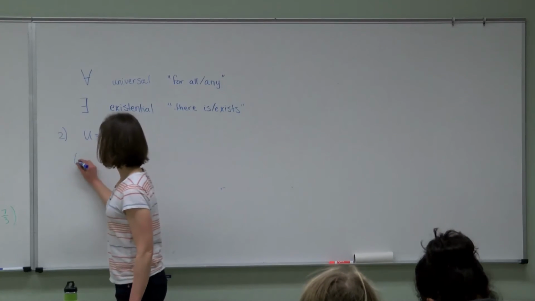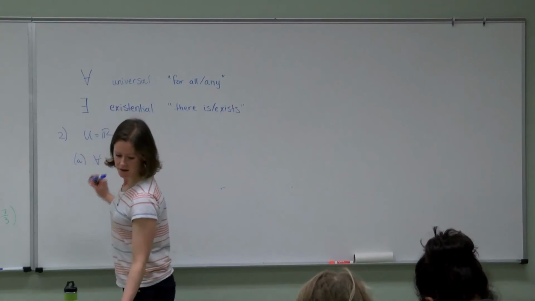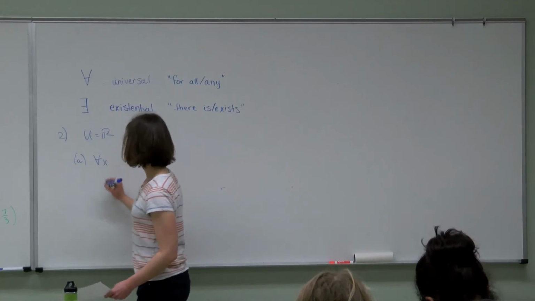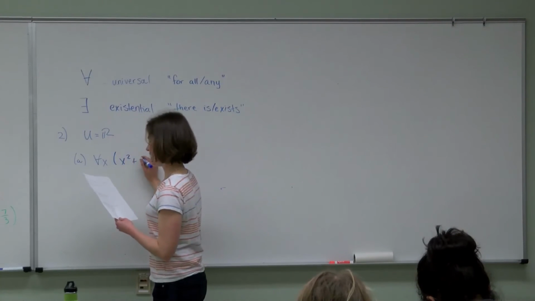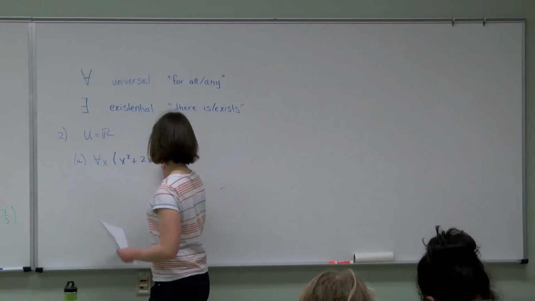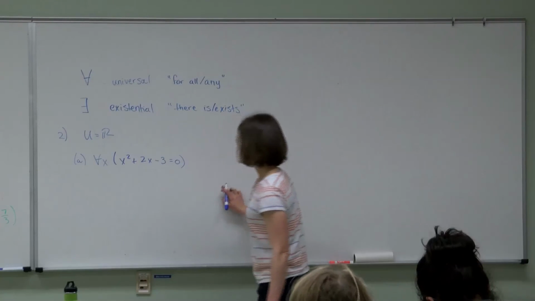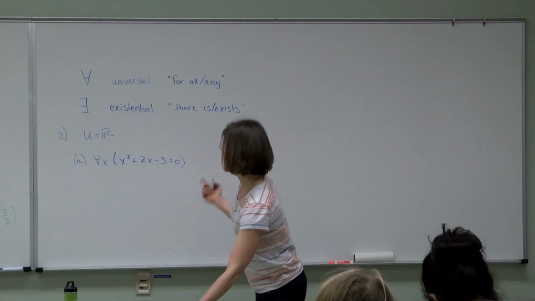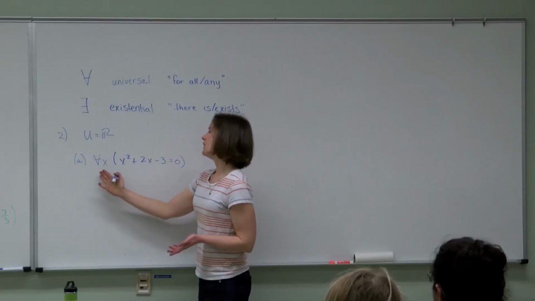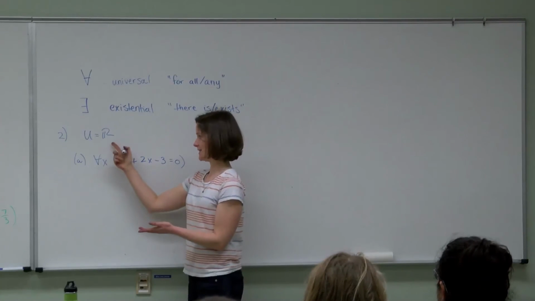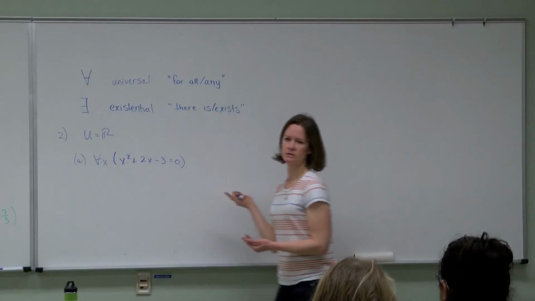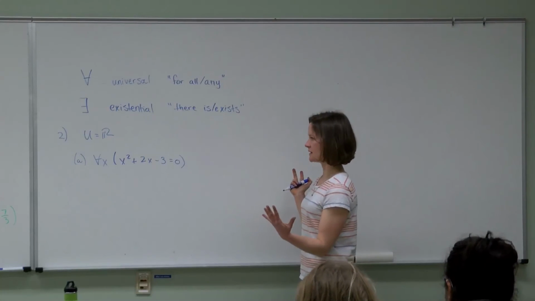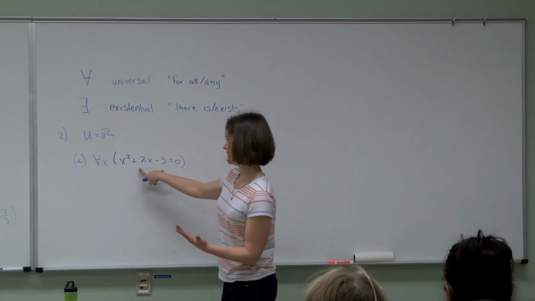So the first one is written as the universal quantifier x, and then the predicate x squared plus 2x minus 3 equals 0. So the way that we would read this really does just sound like for all x, and it's implied for all x in the universe, then this thing is true. For all x in the real numbers, this holds.